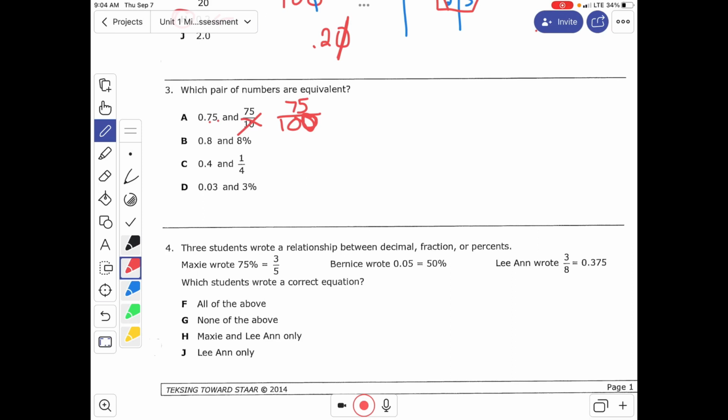The next one says 0.8. And if I want to change 0.8 to a decimal, how many times do I move the decimal? 2 spaces. So that would be 80%. 80%. So that one's wrong.